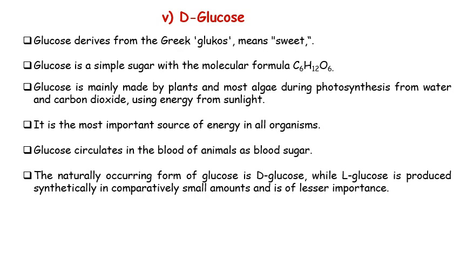After photosynthesis, this is the first product that is accumulated as a source of energy. Glucose circulates in our blood when we consume it, and even in the blood of consumers, which is why glucose is also called blood sugar.